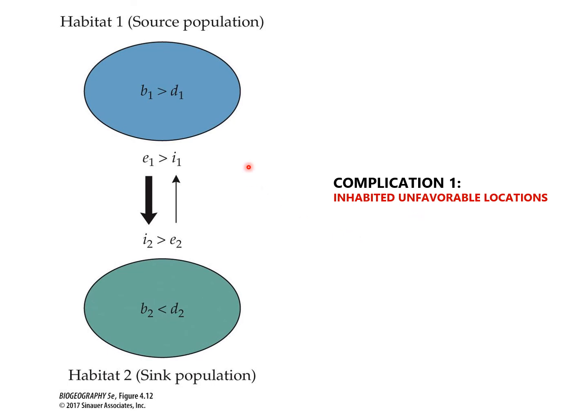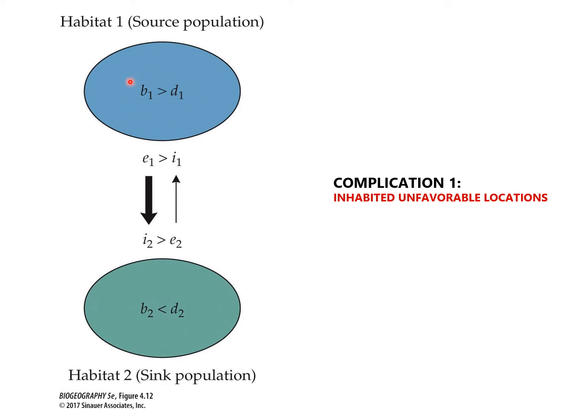If you've taken an ecology course, you've probably been introduced to source-sink dynamics, where here you have a population in, let's say, a favorable location. Here, births are exceeding deaths, so reproduction is happening faster than individuals are dying.